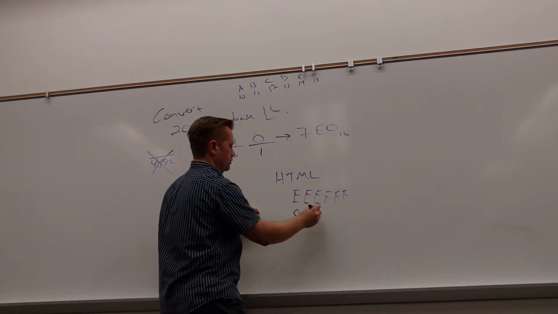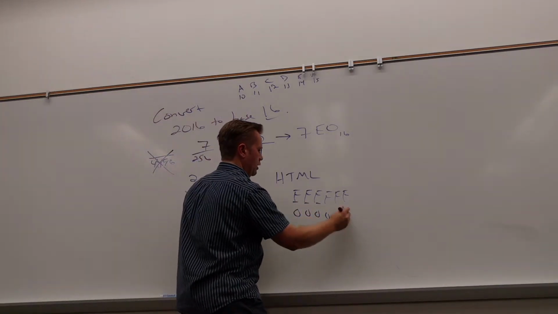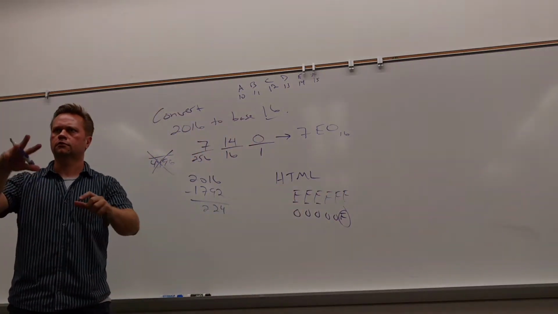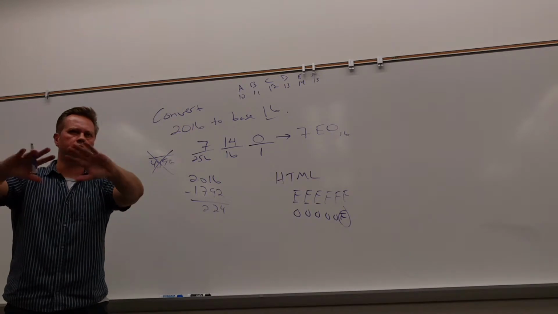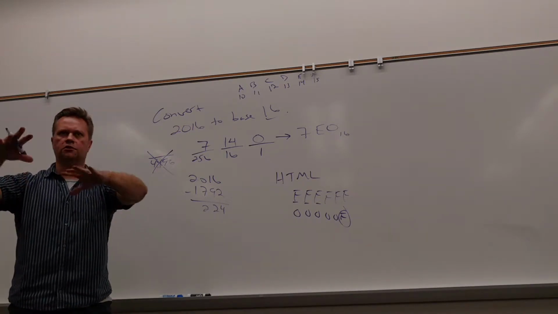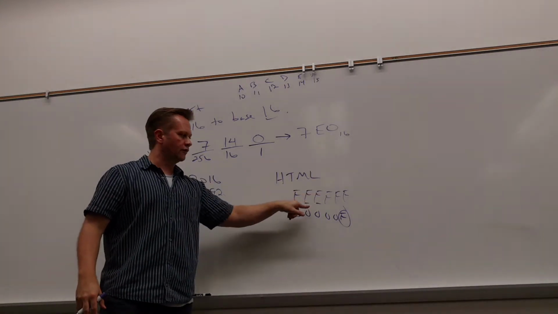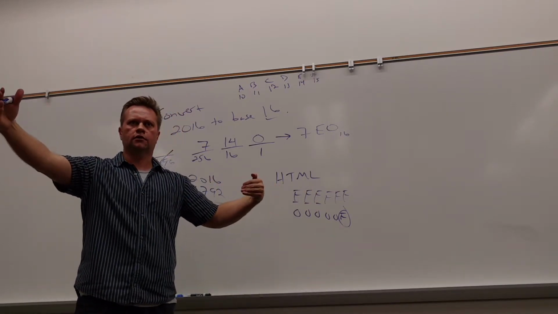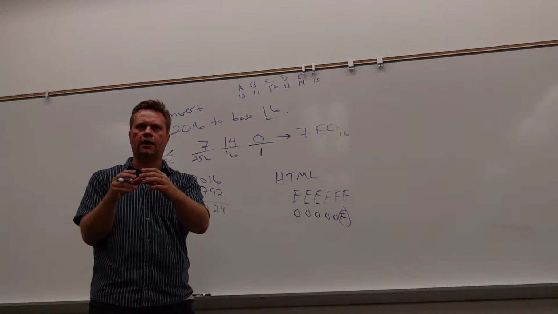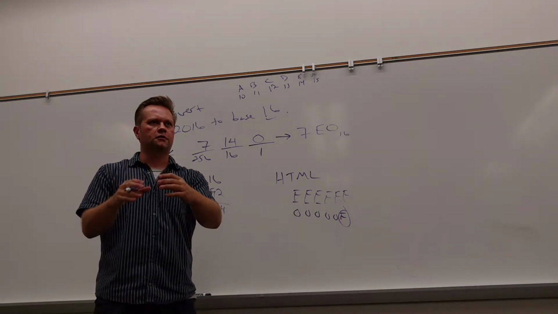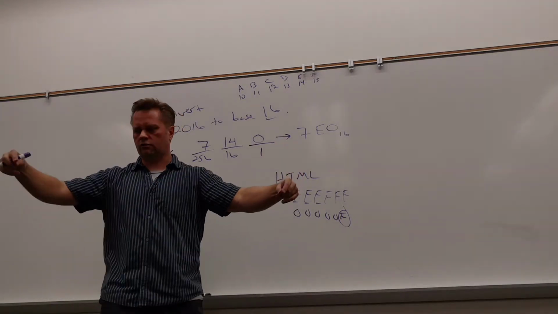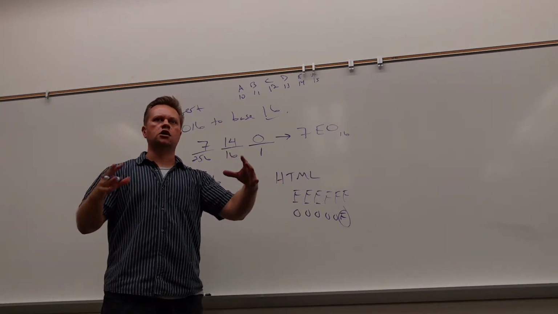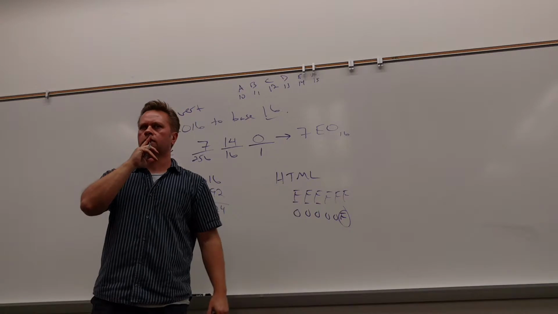So if I put 0, 0, 0, 0, 0, F, it would be purely that color, whatever color that was. So that's a side note, if anybody's at all curious. That's how HTML uses it, because then they can have codes for a huge scale of colors, right? Not just your basic little tiny pack of Crayola crayons. Right, I'm talking about the mega one with like 3 sharpeners on the side. I'm talking about a lot of colors.